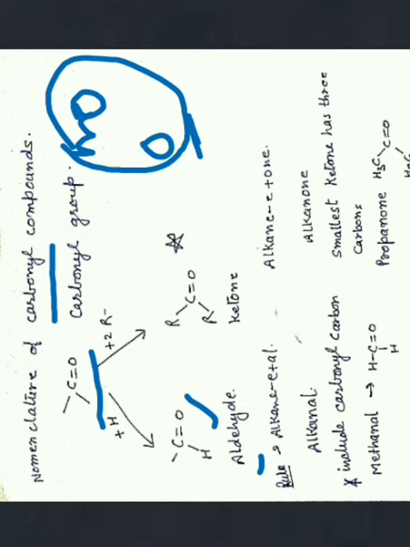Where will the alkane come from? Simply as we have been doing, the root number of carbons present in the compound gives the alkane with that many carbons. So if there is only one carbon, you will take methane along with double bond O and H.